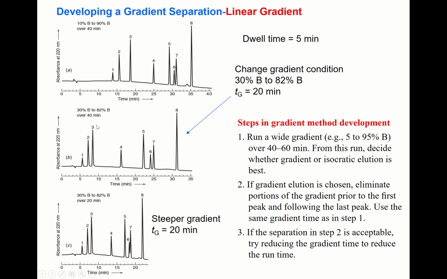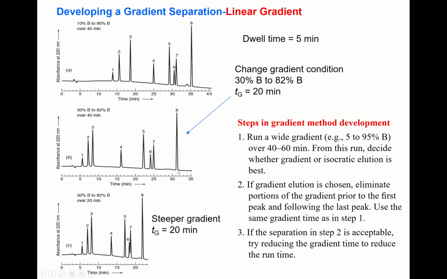Not by starting at 10% B, but we can start with 30% B. Then this positive peak appears quite a bit earlier, from 14 minutes down to maybe 5.5 minutes. So analysis time became quite short.